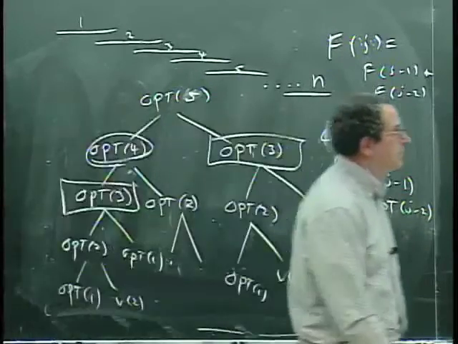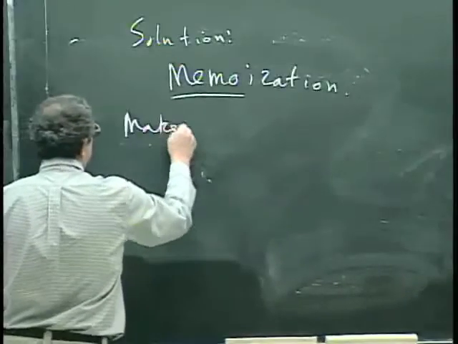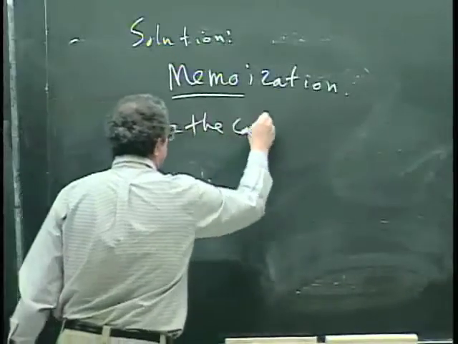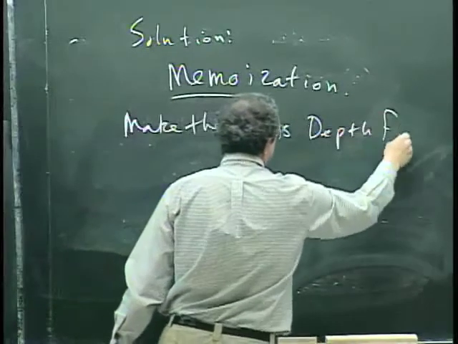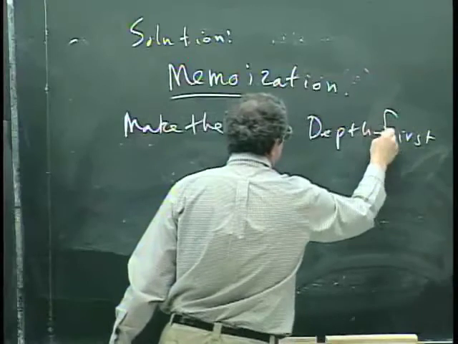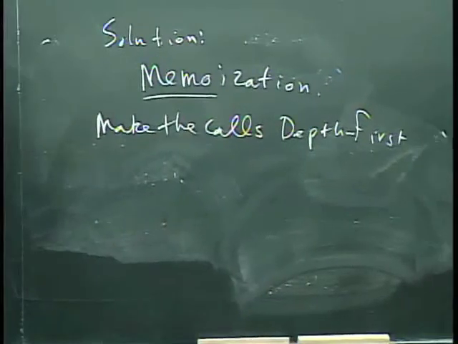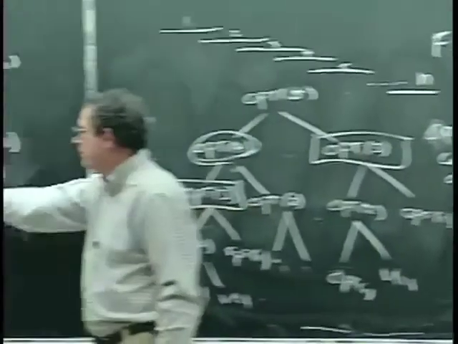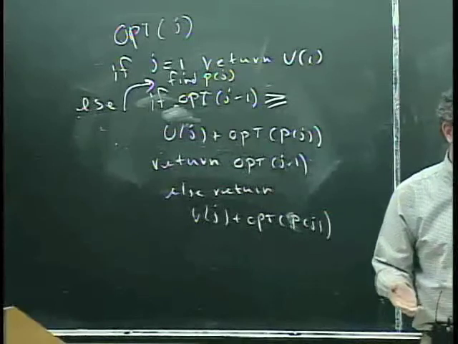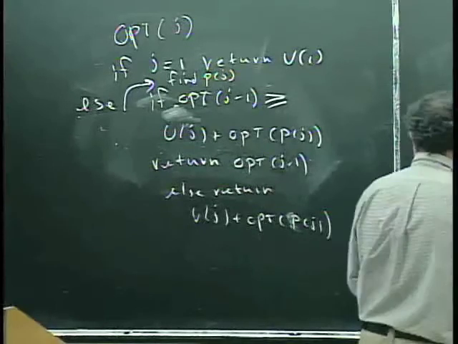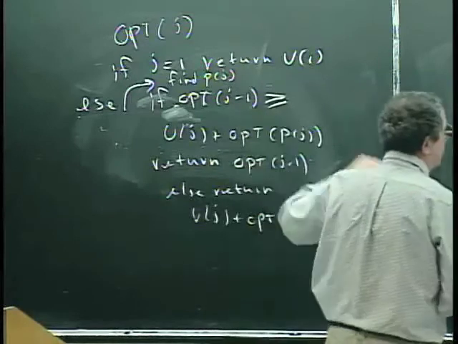So the first thing in memoization, the easiest way of doing this, is to make the calls depth first. So we're going to implement the calls depth first, which is probably the way the recursion would implement it anyway if you wrote your program in the obvious way.